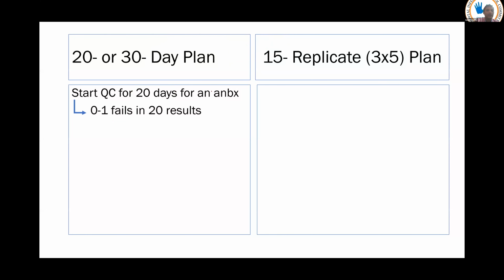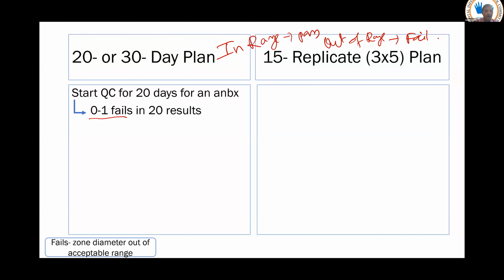Among the 20 results, if all the results are within the range, in range means it is called pass, and out of range means the QC is fail. So if you have either zero fail or only one fail, then you consider that the QC testing is successful. You can switch over from the daily plan to the weekly plan.